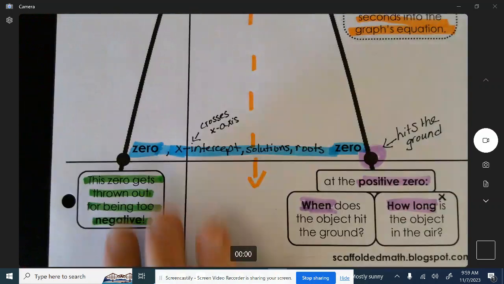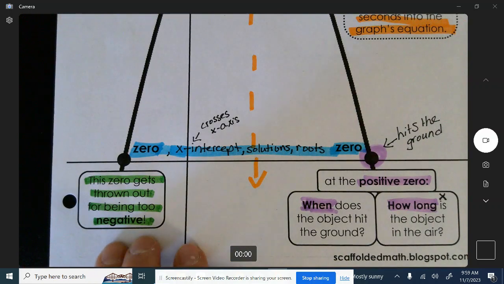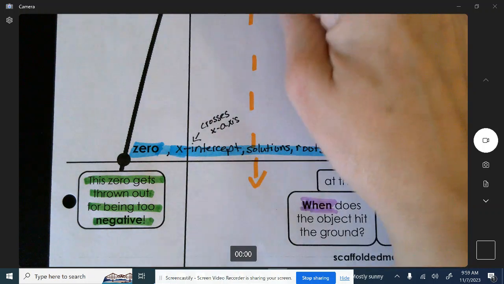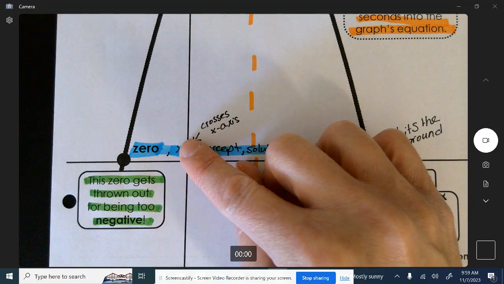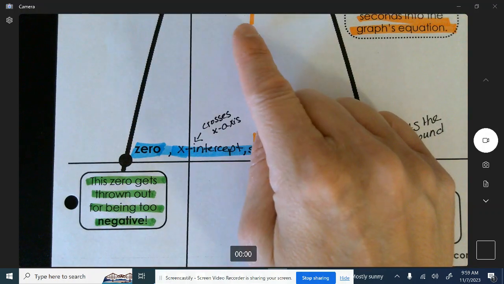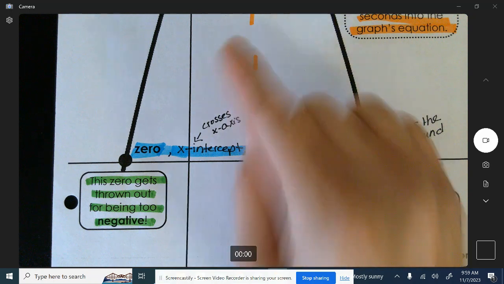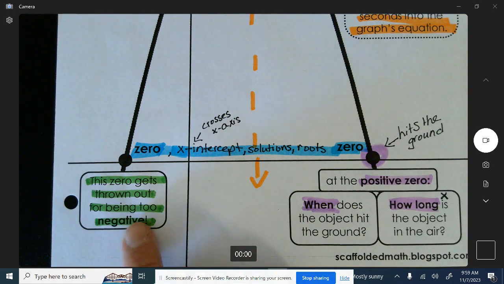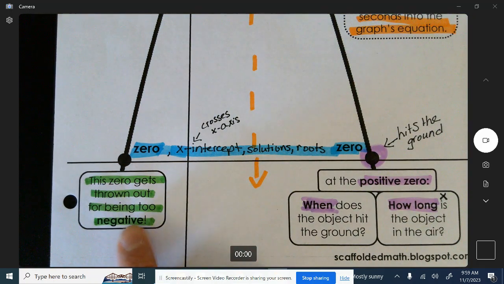We say that zero is too negative in the case of throwing a pumpkin, launching a rocket, or throwing a ball. Anything that happens prior to the ball being thrown or the pumpkin being launched will not count because it's too negative.